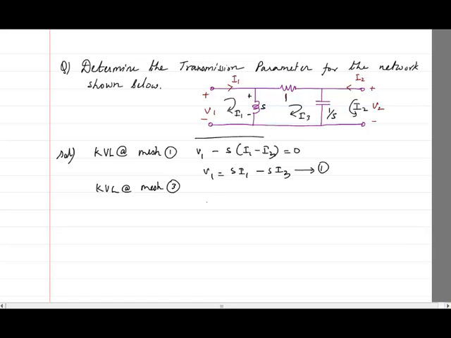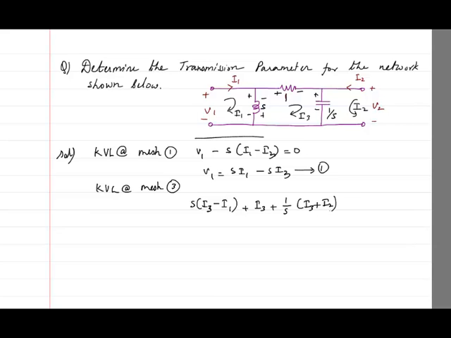This is going to be plus minus, plus minus, plus minus. If I take the back of the element, then I will get S (I1 minus I3) minus I1 plus I3 into 1 plus 1 by S (I3 plus I2) is equal to 0.